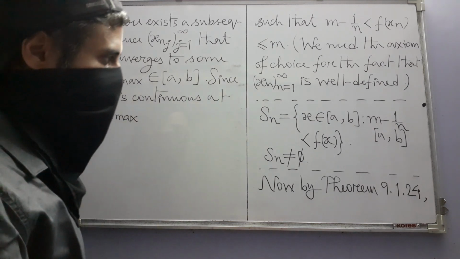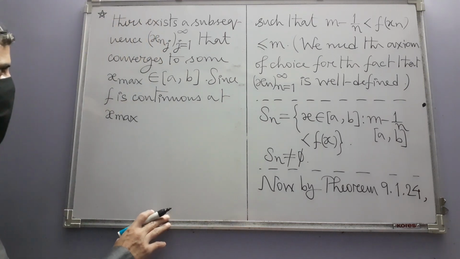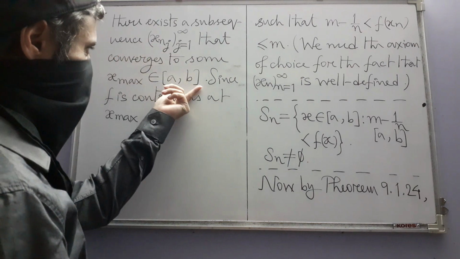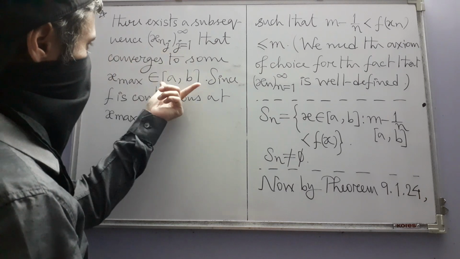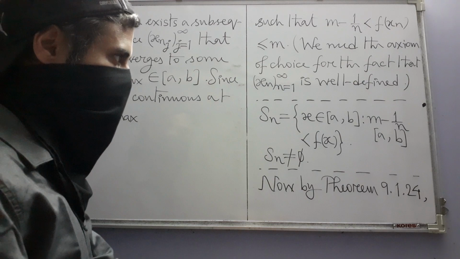So by the sequential formulation of continuity, because you have got a sequence in the domain, it's a subsequence, but fine, it's also a sequence in the domain that is converging to x max, which is a point in the domain.